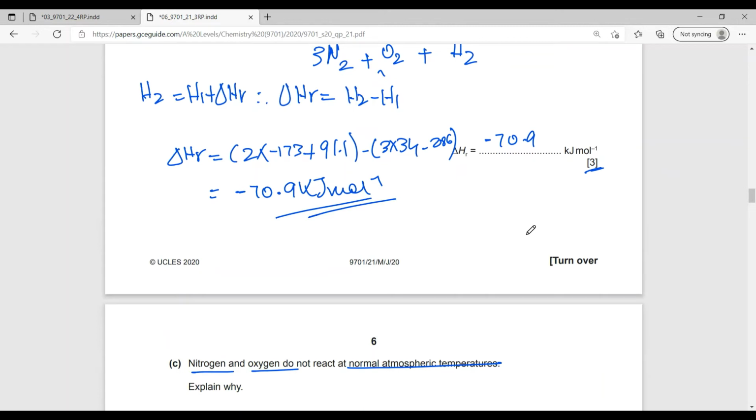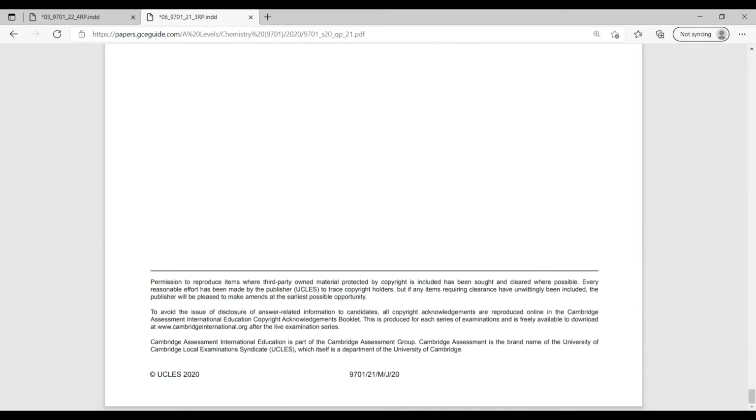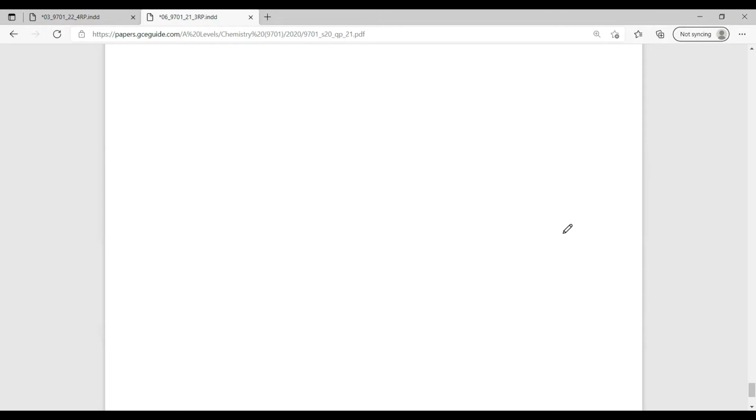Anyway, those are the two example questions for enthalpy change of formation. That's really it for the first part of this lesson, right? Because I haven't covered enthalpy change of combustion, I'll just give a brief example question. There aren't many, but anyway.